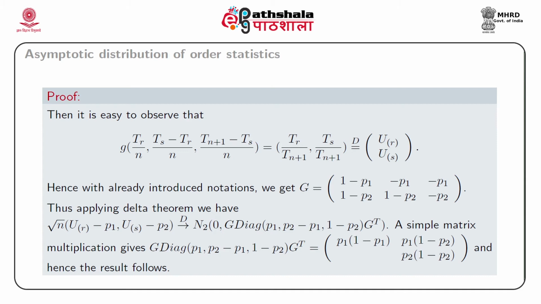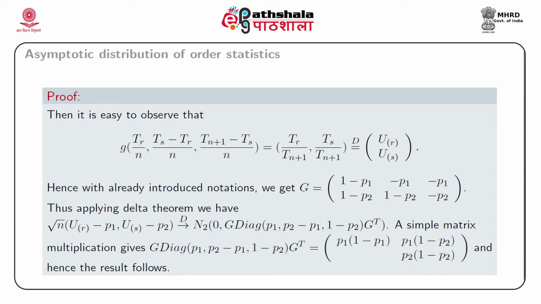Hence, with already introduced notations, we get the G matrix as a 2 cross 3 matrix with elements 1 − p1, −p1 and −p1 for the first row, and the elements 1 − p2, 1 − p2 and −p2 in the second row.